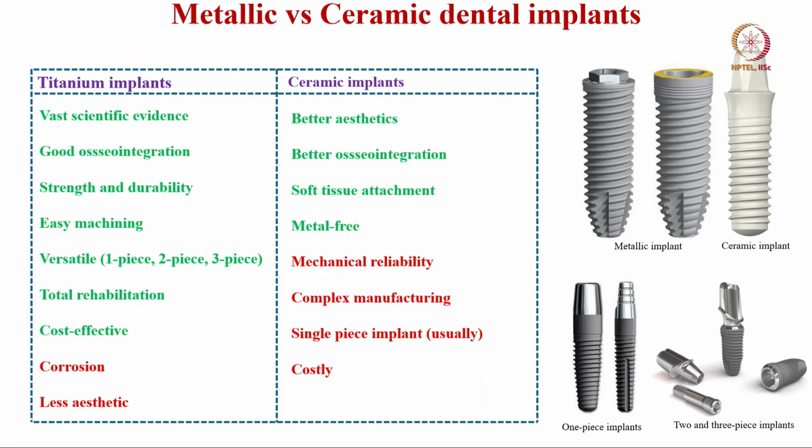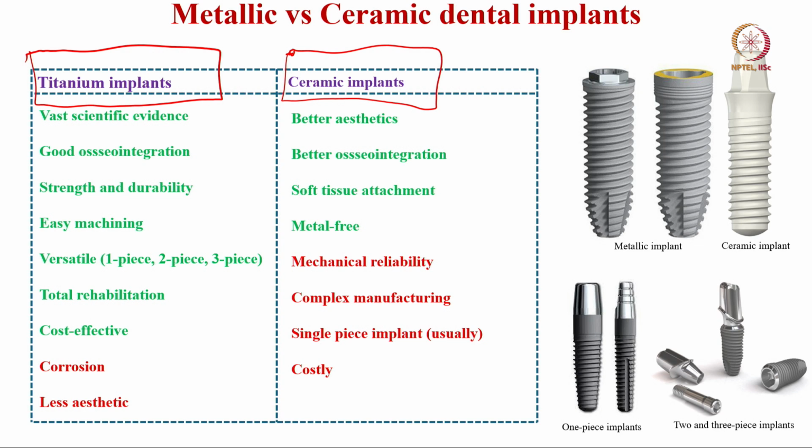There are 2 types of implants which are currently used, metallic and ceramic dental implants. By far around the world, titanium dental implants are most commonly used, whereas ceramic implants have started penetrating the market, and are increasingly being used mostly in European countries and also Western countries.